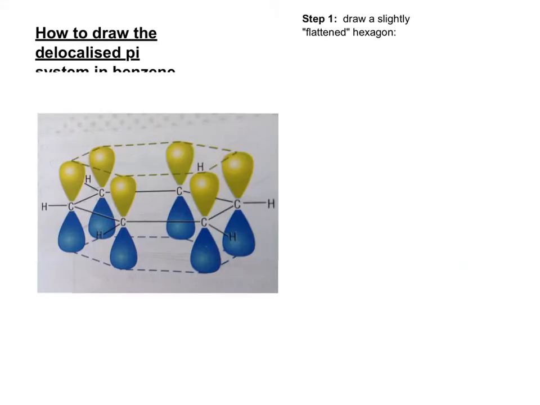So using the textbook photo as an idea to try and follow, you start by drawing a slightly flattened hexagon. So if we draw our carbon bonds on the ring like that, you'll notice the hexagon's been slightly flattened and stretched.